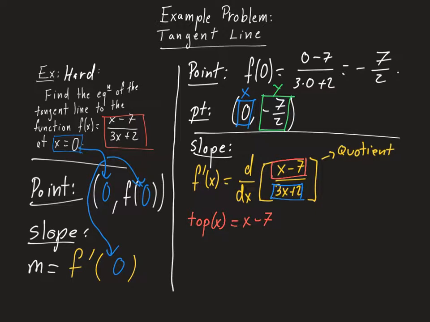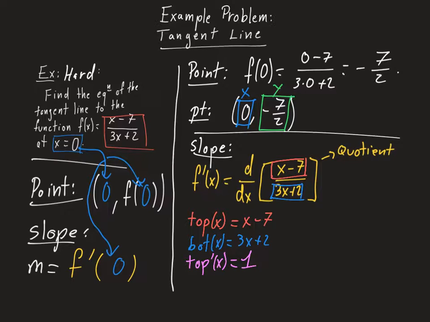I'm going to call the bottom one bot of x, which is equal to 3x plus 2. Now let's use a new color for the derivative. How about pink? Top prime of x. If top of x is x minus 7, you'll see that the derivative of that is going to be equal to 1.